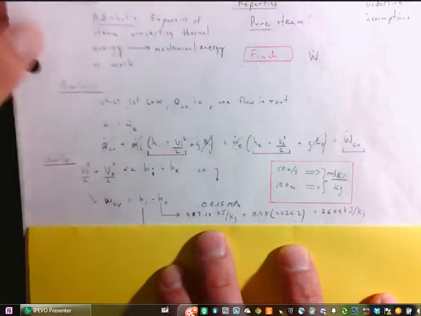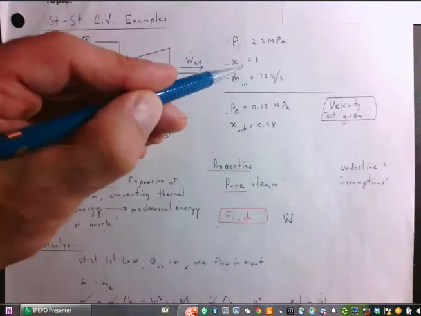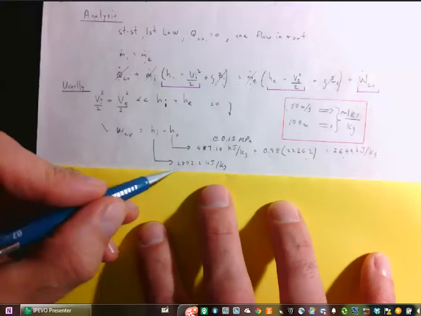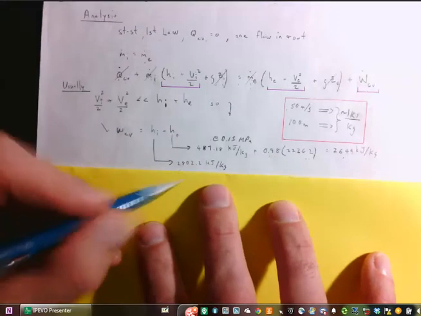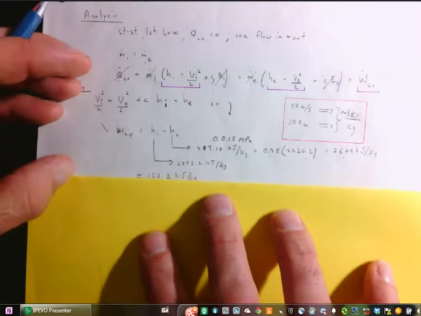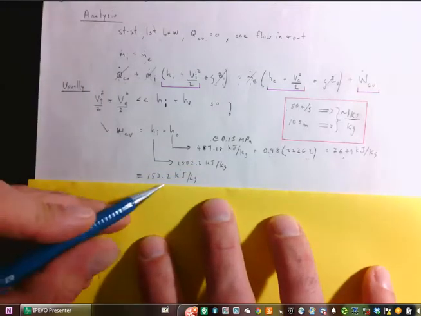The h_i is even simpler because it said it came in at saturated conditions. Therefore, you can look it up directly and gather this number, 2802 kilojoules per kilogram. Pulling this all together, we calculate a delta h of 153.2 kilojoules per kilogram.